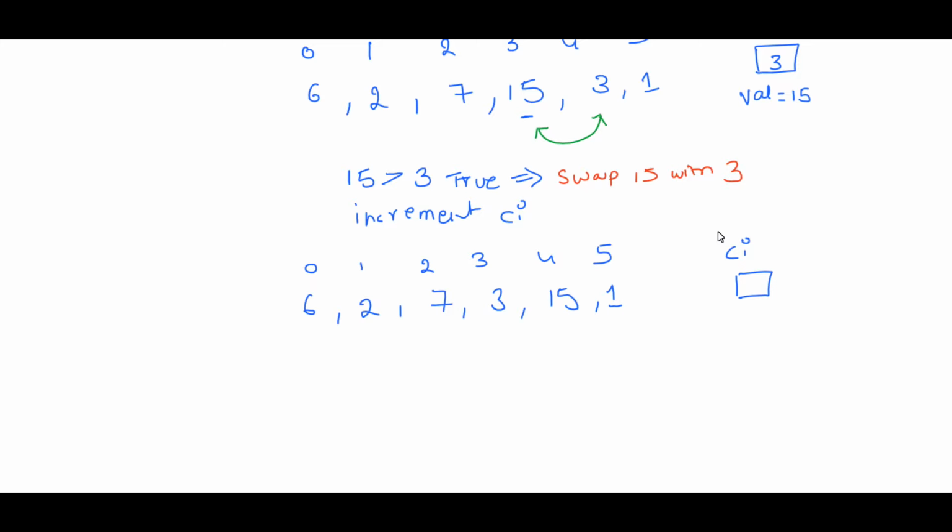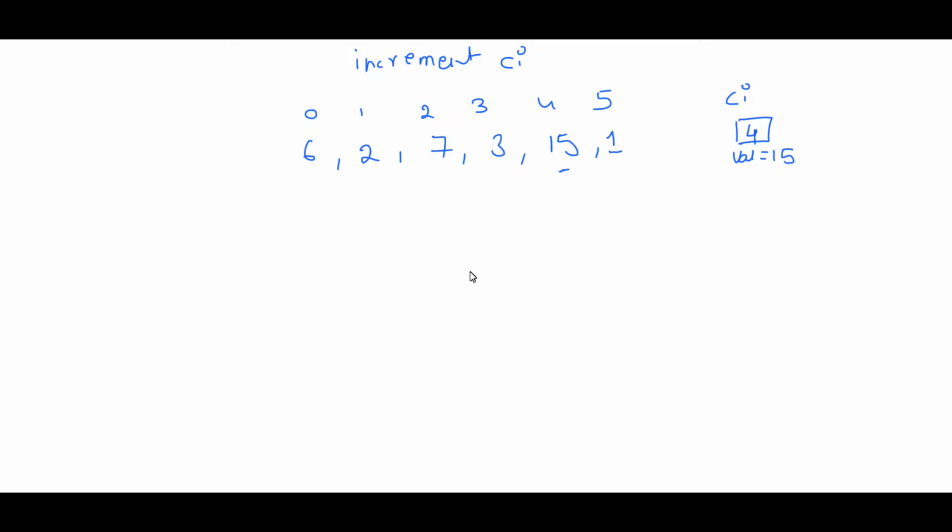CI pointing to position 4 now, which has a value of 15. As you notice, 15, which is the largest element, bubbled up with each step towards the end of the array, which is where we want it because it's the biggest element.